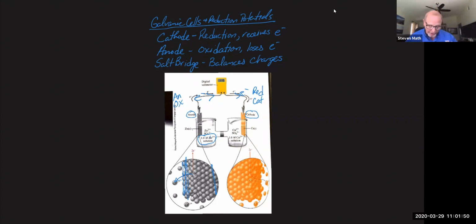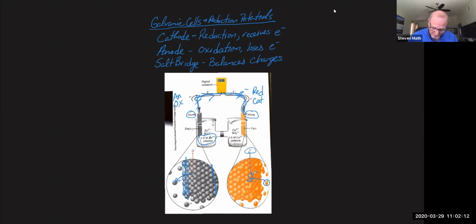On the other side, when the electrons make their loop and come around, then they hit the cathode. That cathode becomes negatively charged, and that's going to attract the copper ions to attach to. How come? Because those electrons came down here.